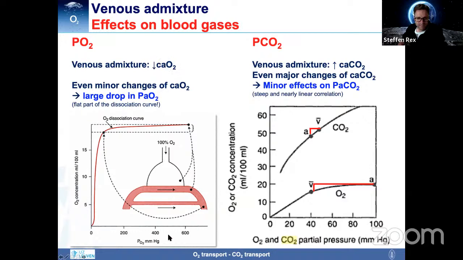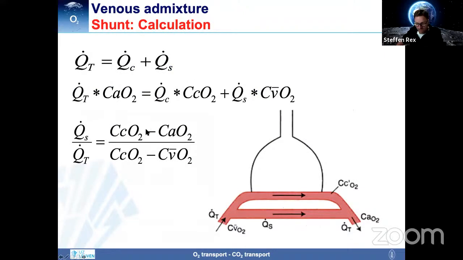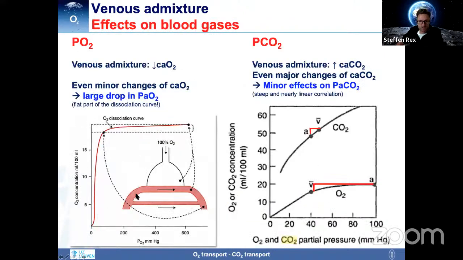And if you look then at the relationship between PaO2 and oxygen content, you see that even very small changes of arterial oxygen content, imagine here from, let's say, 20 to 18, cause a huge drop in PaO2 because of this strange shape of this curve.